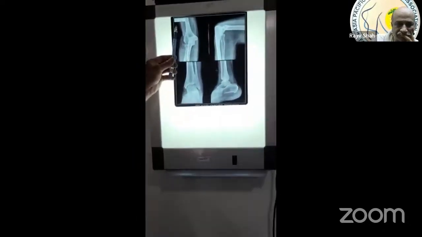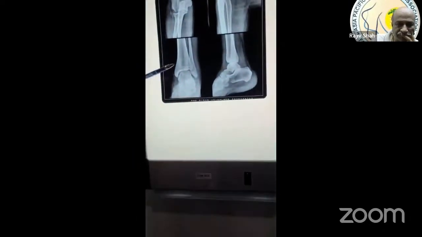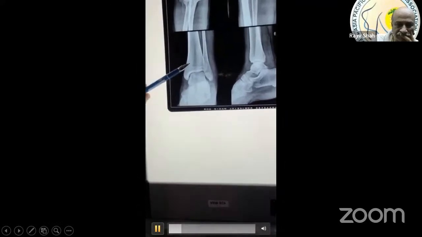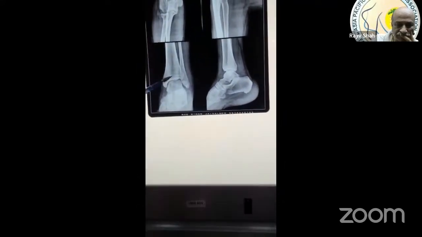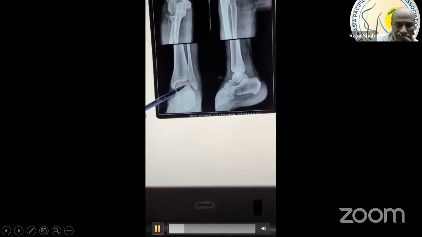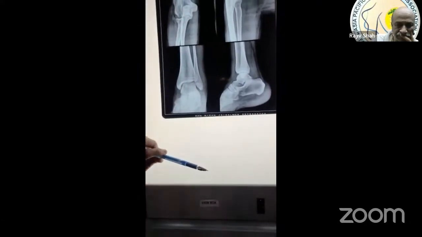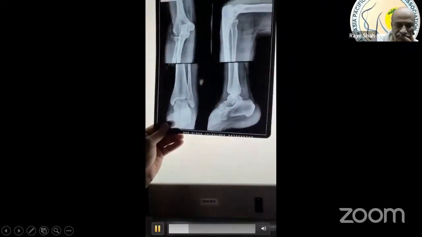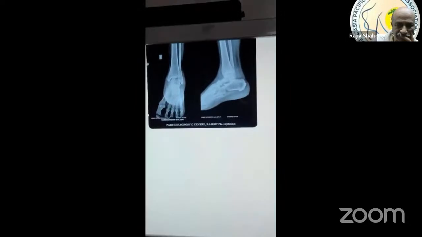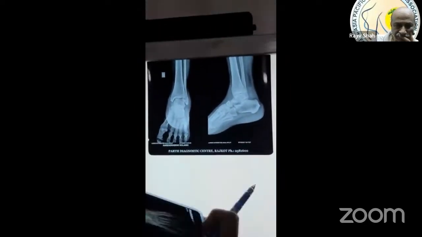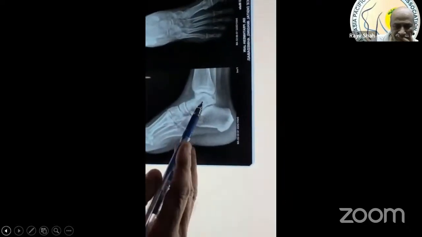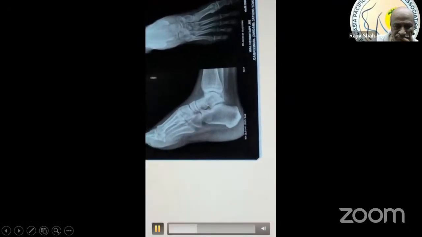This young patient of 32 years had an injury because of a road traffic accident in the last week of September, and these were the x-rays, which were passed as normal, and the patient was given a crepe bandage. He persisted with the pain and went to another orthopedic surgeon who took an x-ray in October, and he sensed something going wrong here.